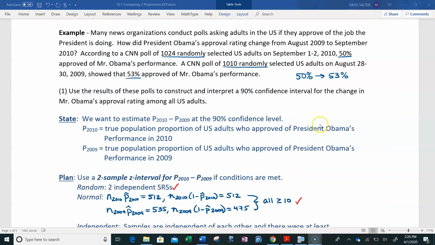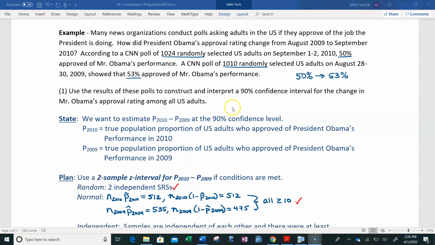Okay, so in this problem, we want to construct and interpret a 90% confidence interval for the change in President Obama's approval rating. So when we do that, it's really important in the state part that you define your parameters.